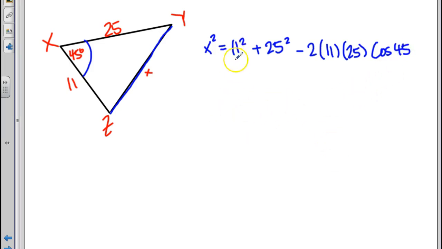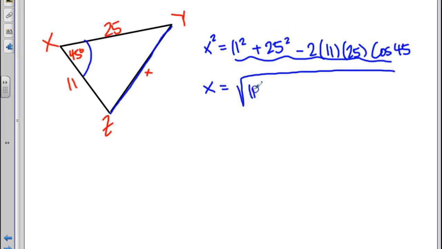All right, so we can put all of this in our calculator and then take the square root. So x is going to be equal to the square root of 11 squared plus 25 squared minus 2 times 11 times 25 times cosine 45.